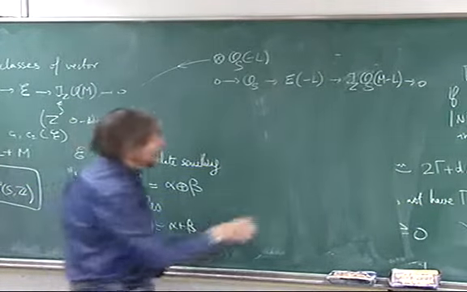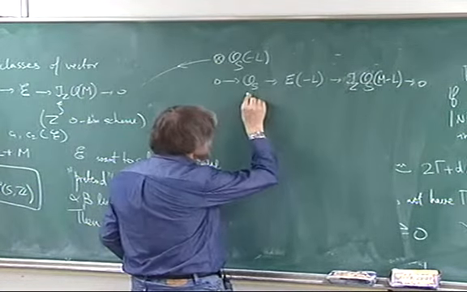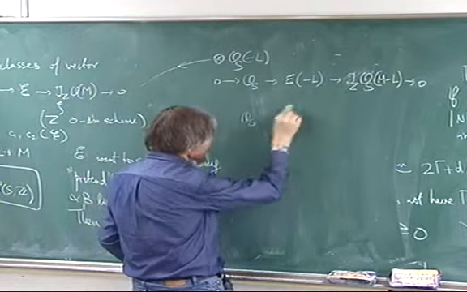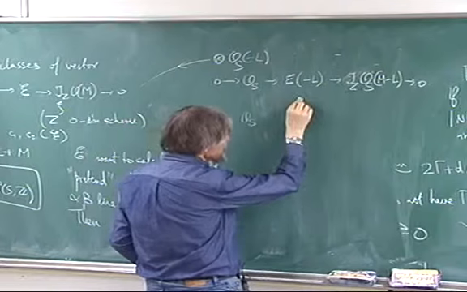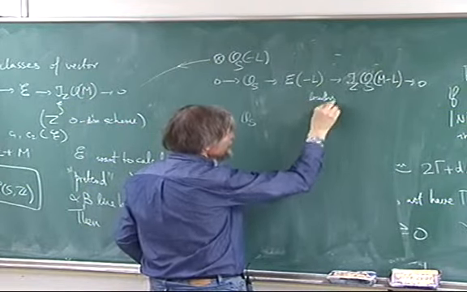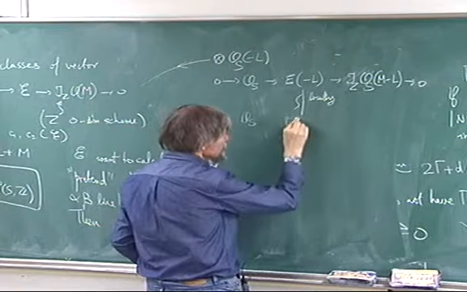So this guy here is O S, and this guy here is locally, everywhere locally isomorphic to O plus O.